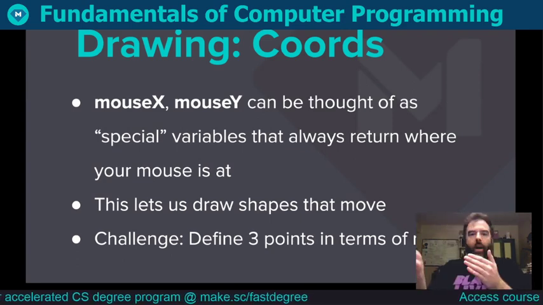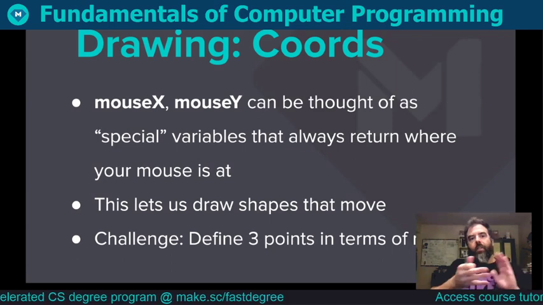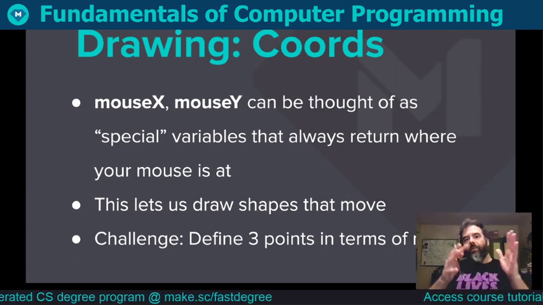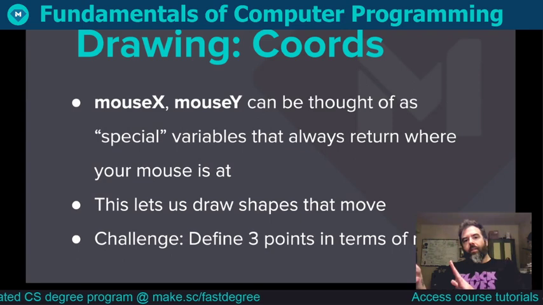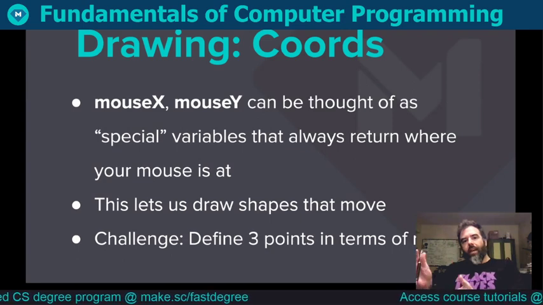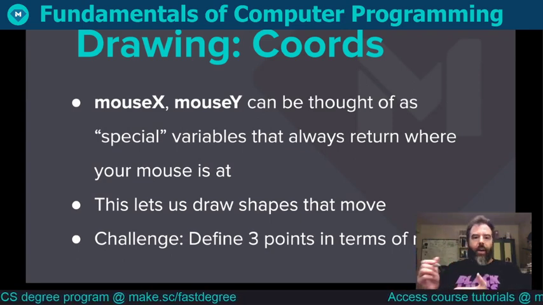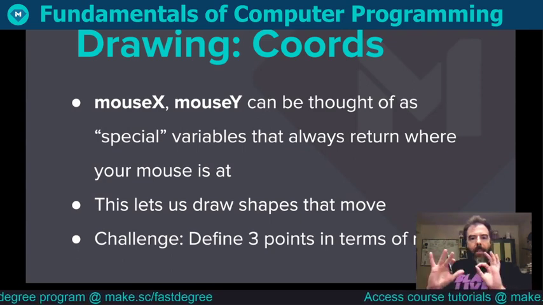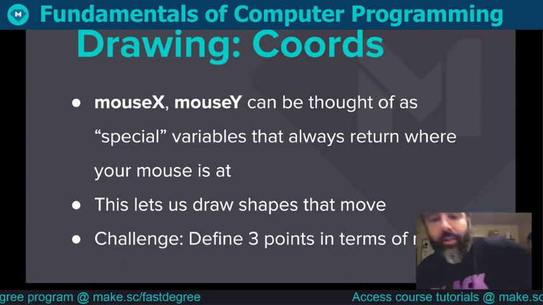The opposite corner is going to be an offset of the other variable. And then finally, the last corner is going to be an offset of both the mouse Y value and the mouse X value. That might not make sense written out or spoken out.